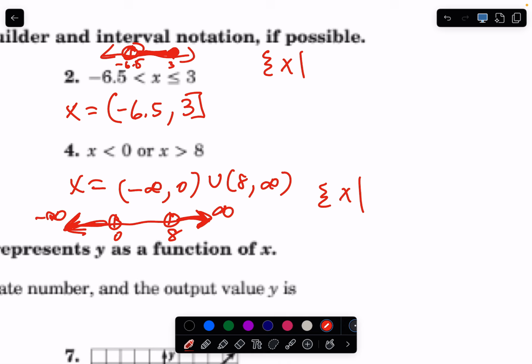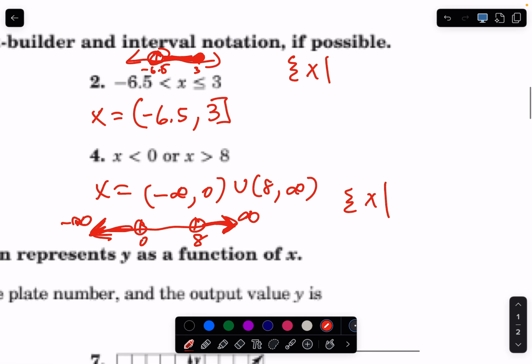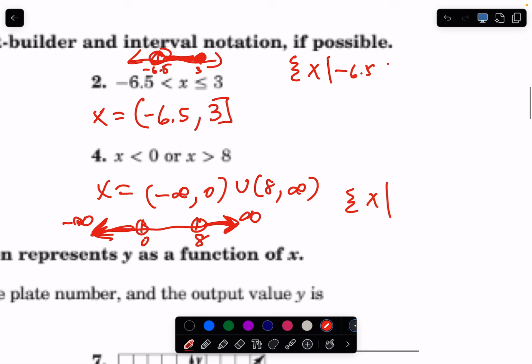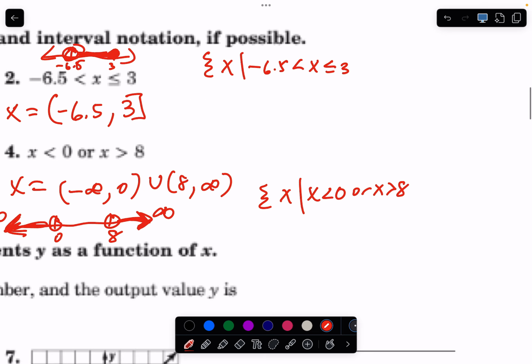For one like this that has given us an inequality, the next thing you do is just write down the inequality. Negative 6.5 is less than x is less than or equal to 3. Same thing here, x is less than 0, or x is greater than 8. And then you put a comma, and you say that it was a subset of the reals, and you do that in a very quick, easy way.